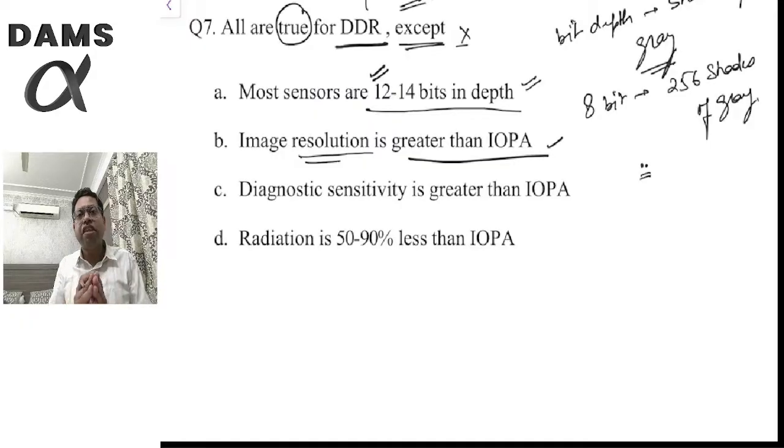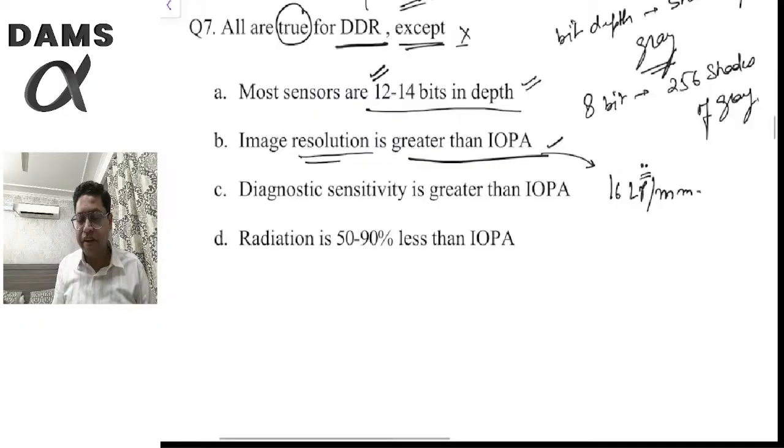How are we able to see them as distinct? They are not overlapped. They are not merged into each other. That is known as resolution. So the limit of resolution of direct digital radiography is definitely greater than IOPA. IOPA has a limit of resolution of 16 line pairs per millimeter, and DDR has up to 22 line pairs per millimeter.